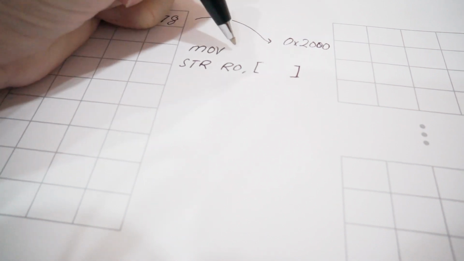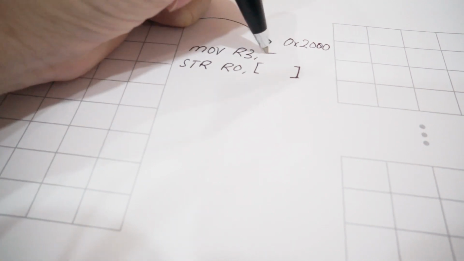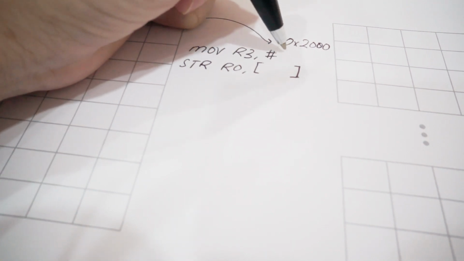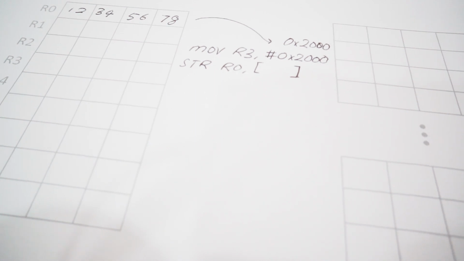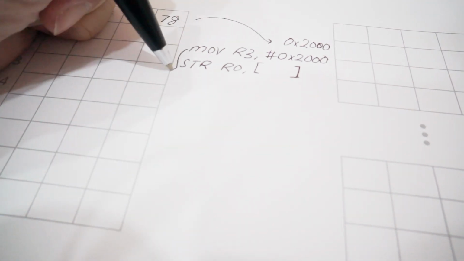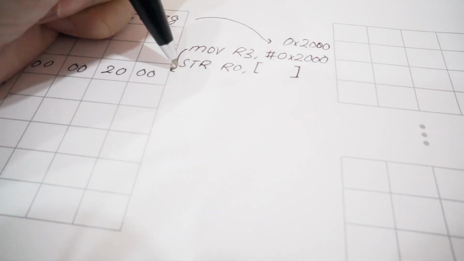For example, if we decided to use the MOV instruction to move the 2000 in hexadecimal to register R3. After that, we can complete our task by using R3 inside the square bracket.